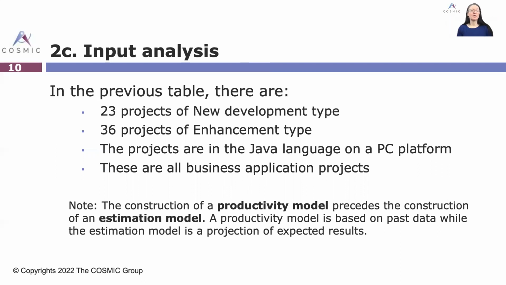So the construction of our productivity model precedes the construction of our estimation model. And productivity is really based on past data. So those 59 projects were all past projects, while the estimation model is a projection of the expected results.